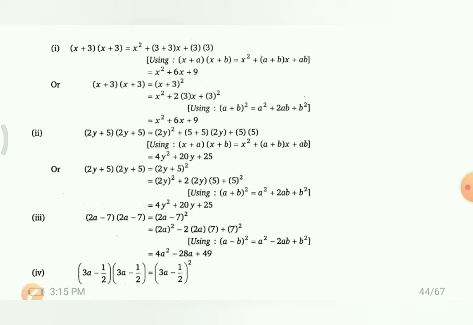And what is b? b is 3. So the answer of the formula will be x square plus 2ab plus b square. So this way you can solve all the remaining 10 questions.